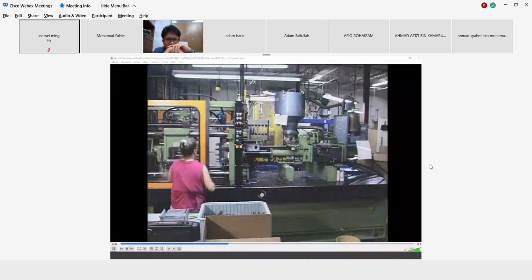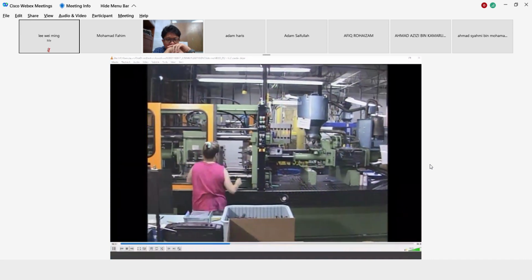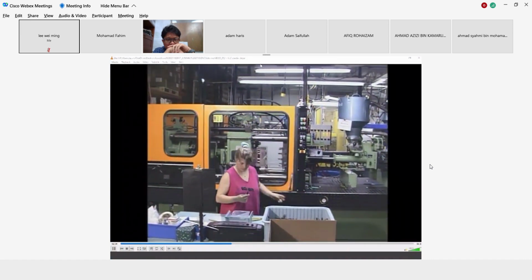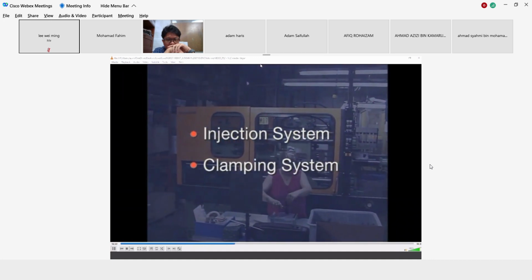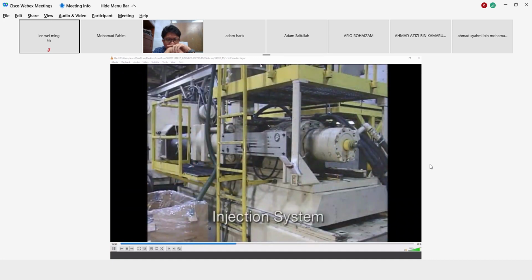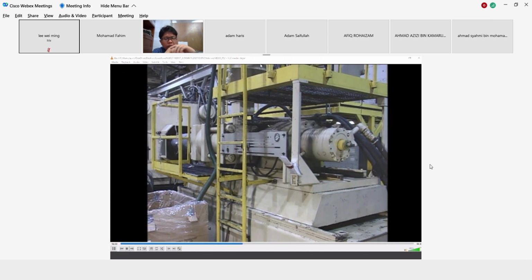All injection molding machines are a combination of 2 systems: an injection system, and a clamping system. The injection system heats the thermoplastic material to its appropriate viscosity or flowability and then forcefully injects it into the mold.